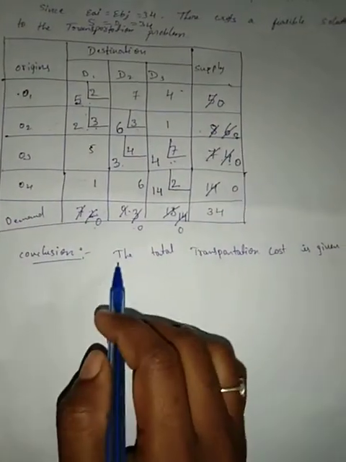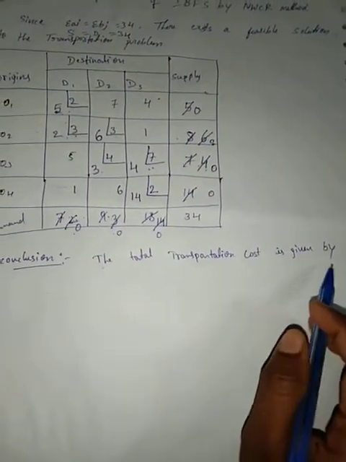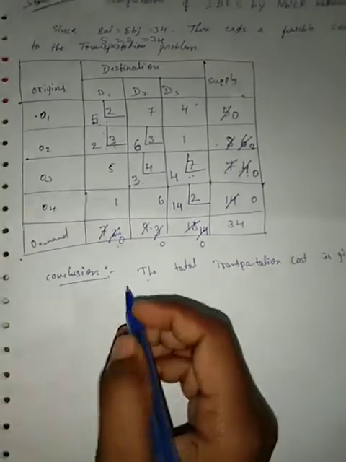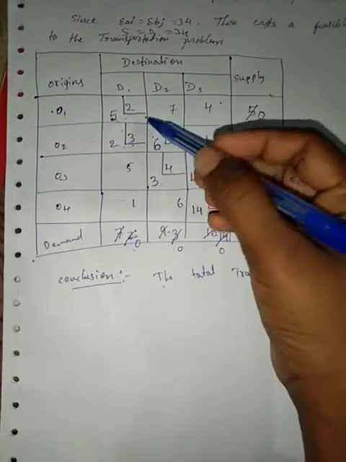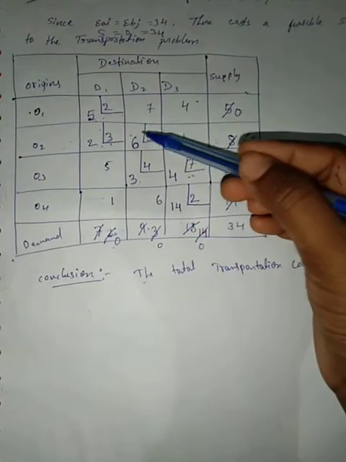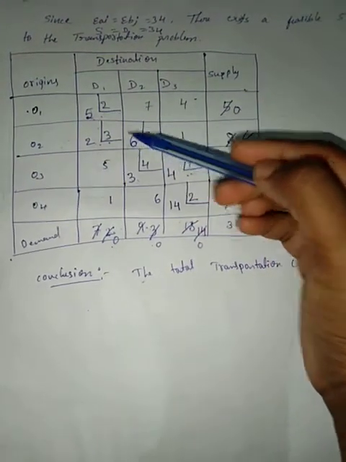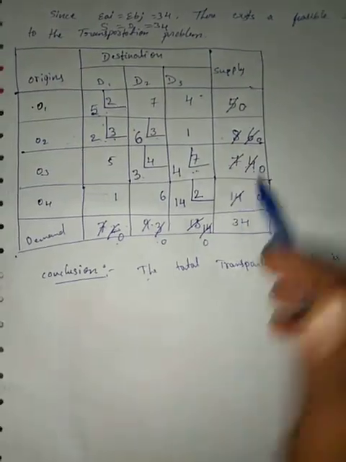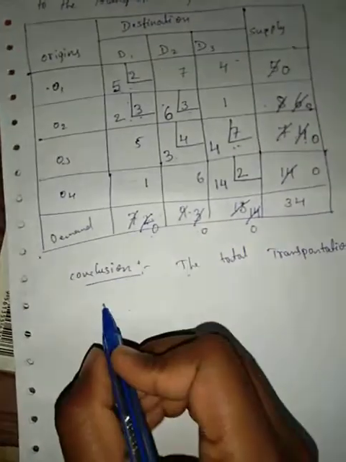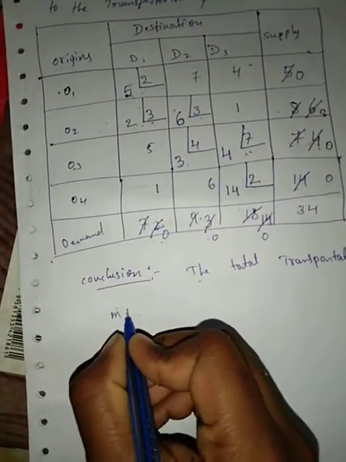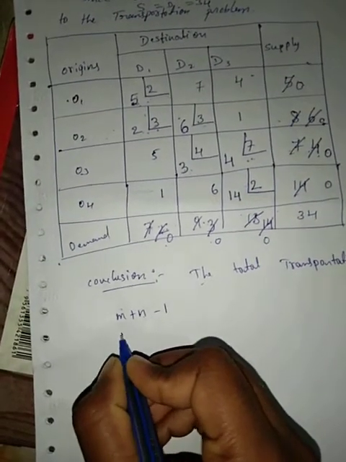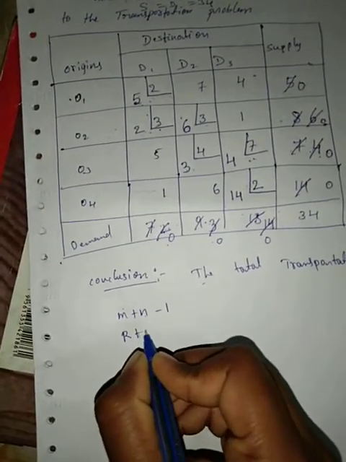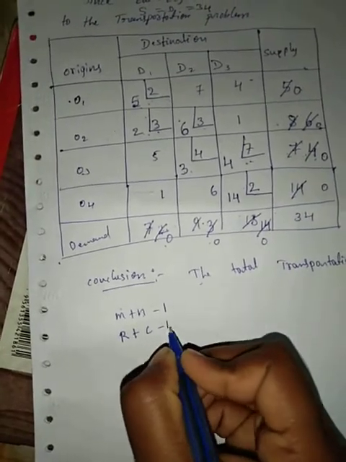Then we write the conclusion. The total transportation cost is given by, so here we write the allocated cell values. In this matrix we allocated 6 cells, 1 2 3 4 5 and 6, and we also write this: m plus n minus 1. m means number of rows, n means number of columns, minus 1.